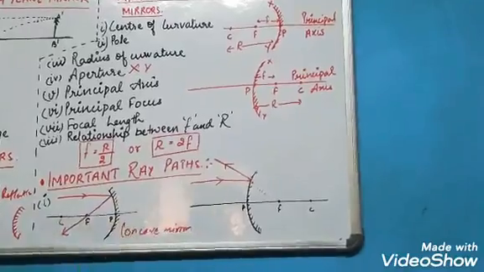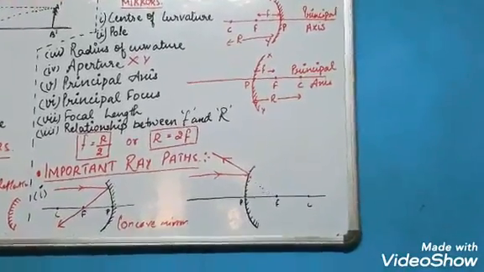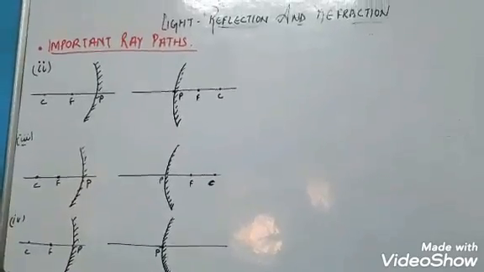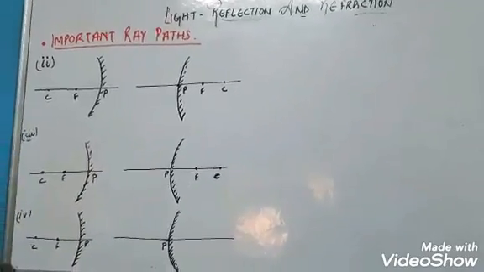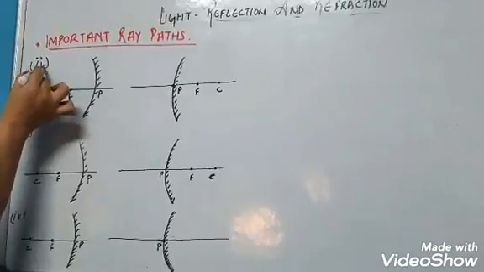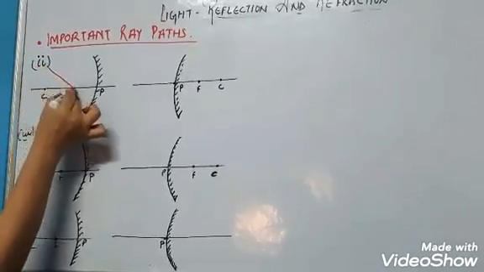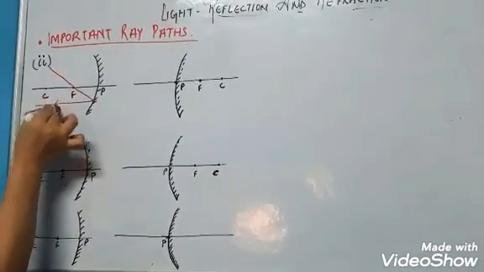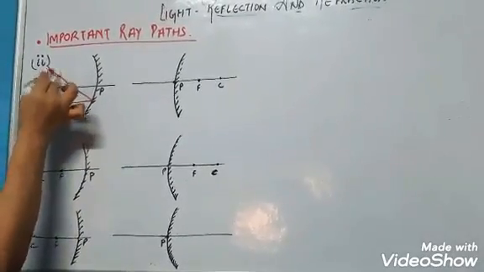Okay, now come to the second ray path. When the ray of light is coming from the focus, or passes through the focus, it will reflect parallel to the principal axis.